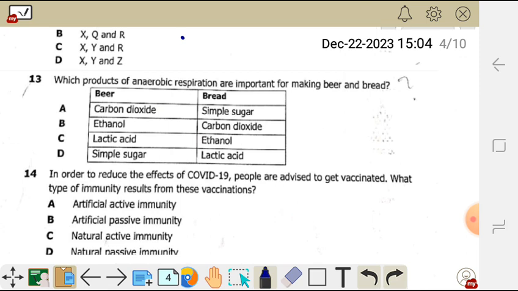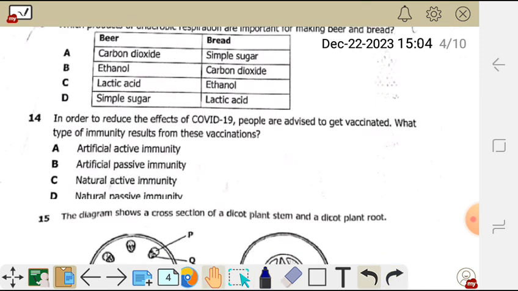We move on to question 14. In order to reduce the effect of COVID-19, people are advised to get vaccinated. What type of immunity results from this vaccination? The type of immunity is artificial passive immunity. Why? It is artificial because the immunity is made artificially.